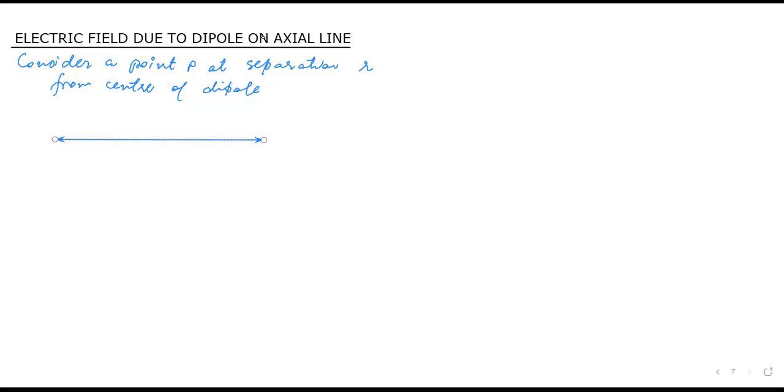This is our dipole. This is a minus Q charge and this one is the plus Q charge. We are taking another point on its axis. This point is P. This is the center of the dipole O, and the separation between the charges of this dipole is 2A.